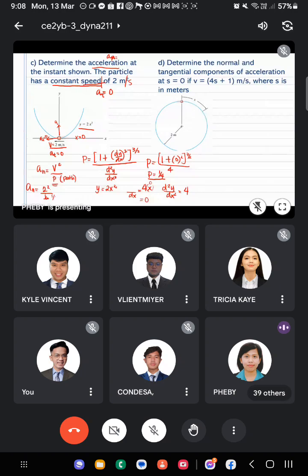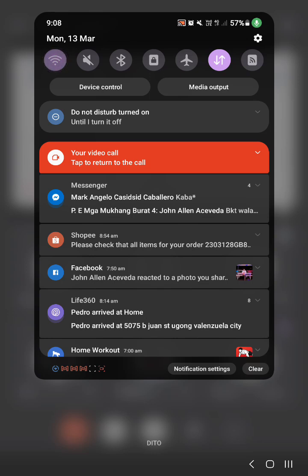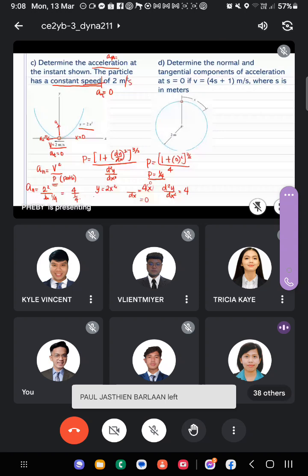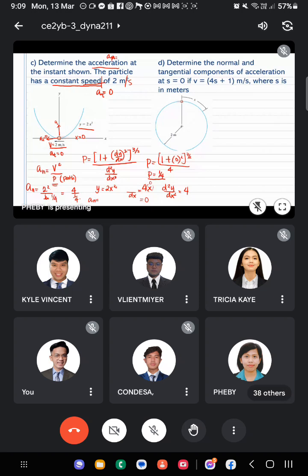So, 4 over 1/4 is AN. AN is 16 meter per second squared. Diba? So, for our acceleration resultant, AR, square root of AT squared plus AN squared. So, 0 squared plus 16 squared, square root. AR is 16 meter per second squared. So, yan yung ating letter C. Ano yung acceleration resultant niya?